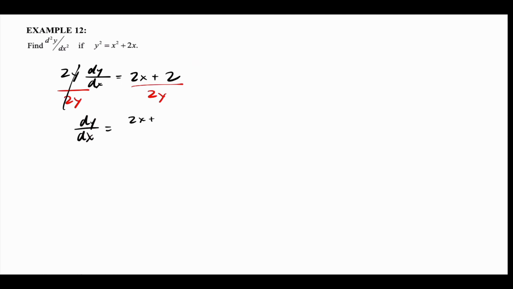You get 2x plus 2 over 2y. You can factor out a 2. They all got 2's. So you can factor out a 2. So you get x plus 1 over y. That's the first derivative, right? That's the first derivative. Now we have to find the second derivative.